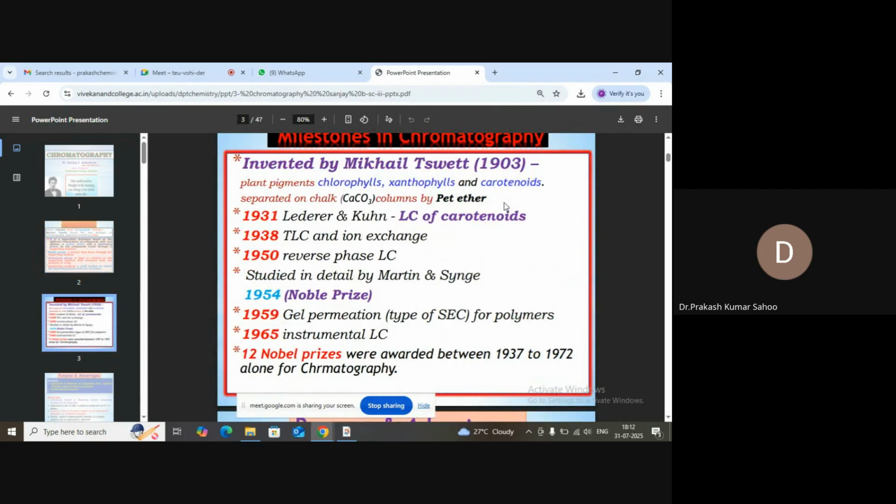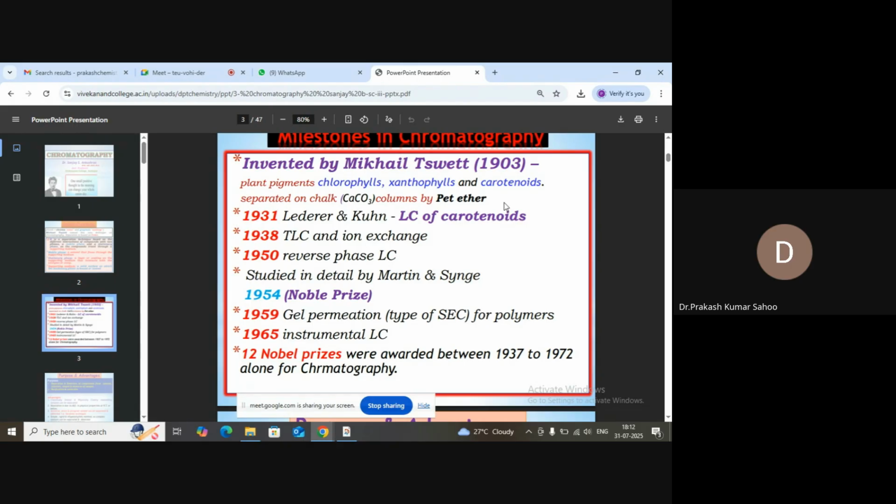As we already know, Michael Tswett discovered the concept of chromatography in 1903, when plant pigments, chlorophylls, xanthophylls and carotenoids, were separated on a chalk, calcium carbonate, column by petroleum ether.